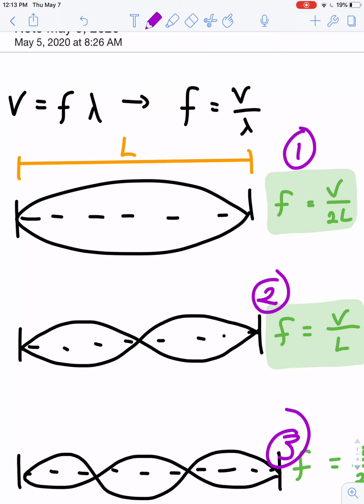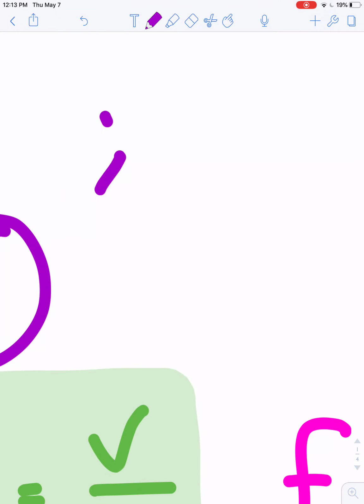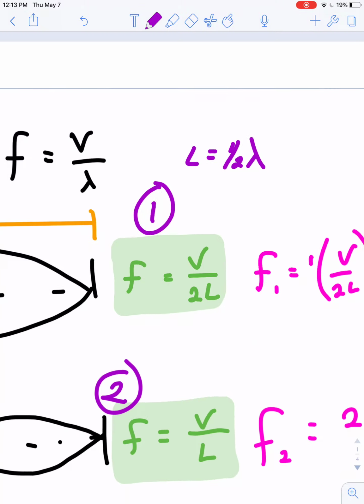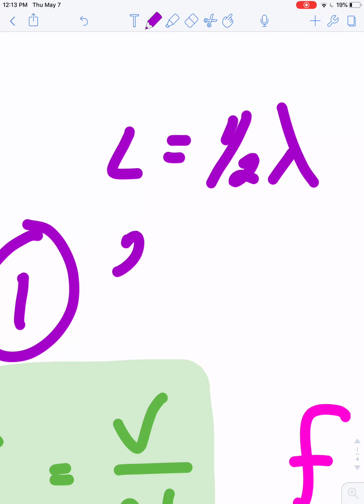The length here for number 1 is only a half wavelength. The length equals 1/2 wavelength, so 2L will equal the wavelength.